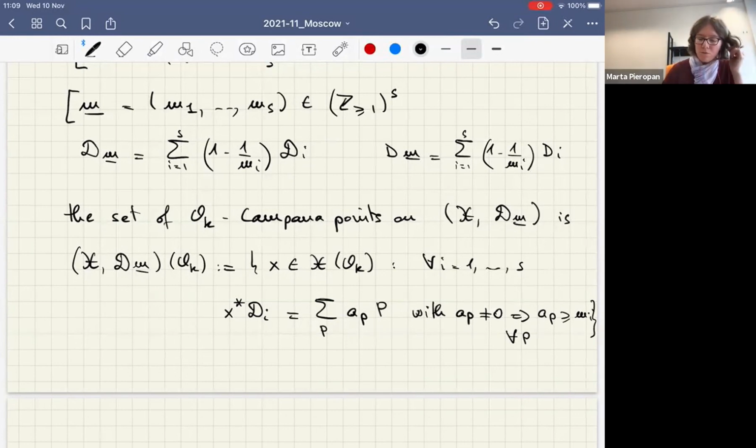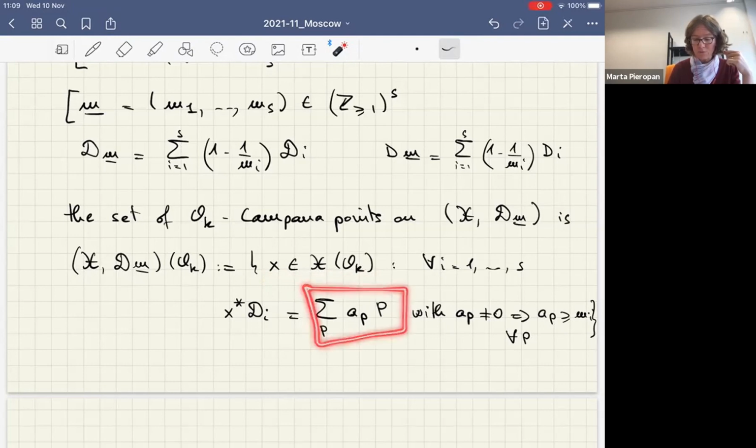Okay, so what we do, we take every component of the boundary on the variety or the model we chose. We look at the pullback under this map from Spec O_K to 𝒳. It's an effective divisor, and we want this effective divisor to have coefficients at least m_i. And this has to be true for all coefficients, and then for all boundary components D_i.